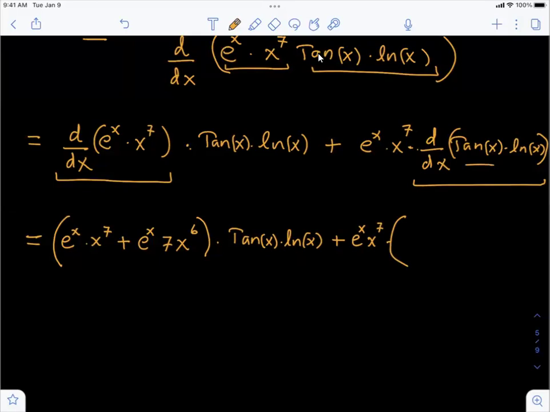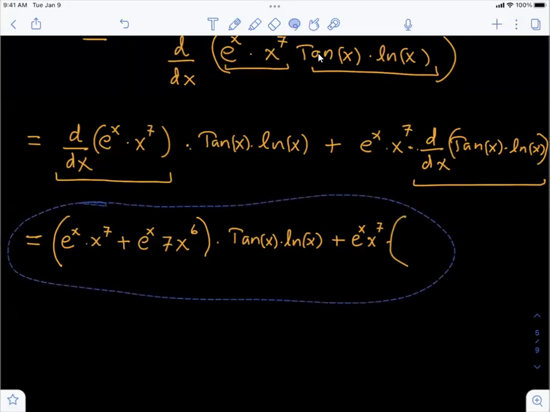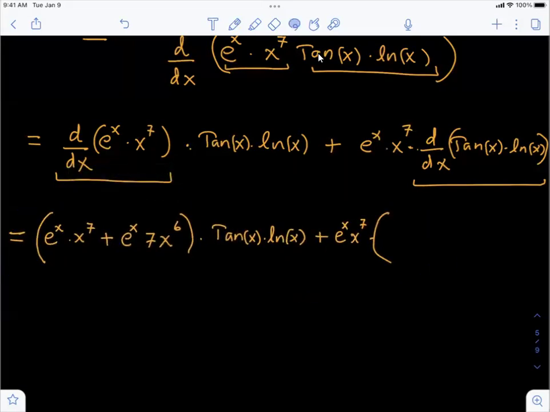Now I'm going to take the derivative of this component by the product rule. So when you use the product rule, let me buy a little more space here. Take the derivative of the first component, which is going to be secant squared x times original second function ln x plus original first with the derivative of the second.